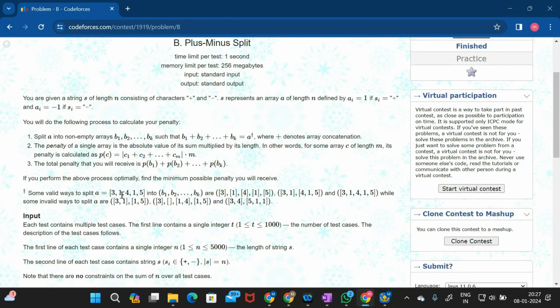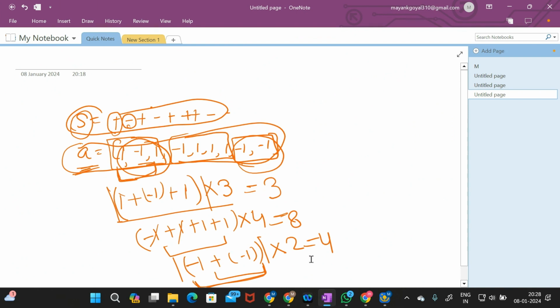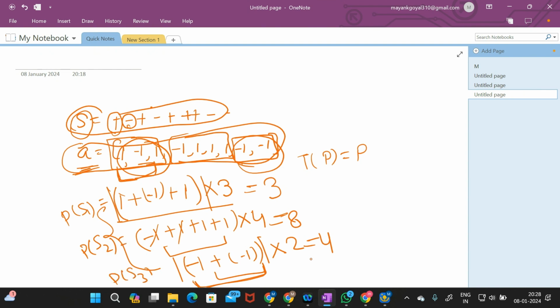Now the next process is the total penalty that you will receive is P(V1), the penalty of subarray first, plus P(V2), plus P(Vk). Okay. So in this example, we create three subarrays. For the total penalty, we add: let's say this is the penalty for subarray 1, this is the penalty for subarray 2, and this is the penalty for subarray 3.